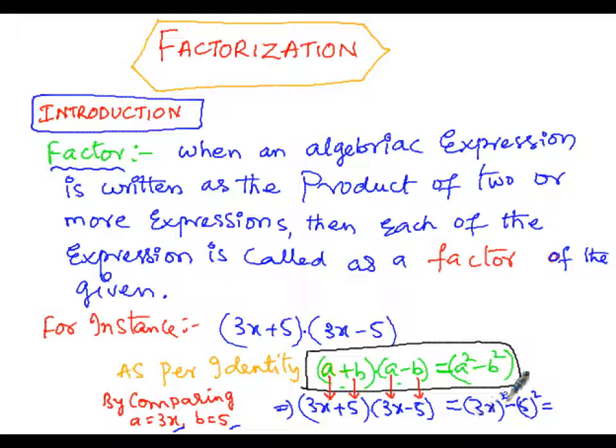So, 3 square is 9, and the square is applicable for x also, that is x square, minus the square of 5, that is 5 into 5, which is 25. Therefore, the expression is 9x square minus 25. In this manner, 3x plus 5 into 3x minus 5 equals 9x square minus 25.